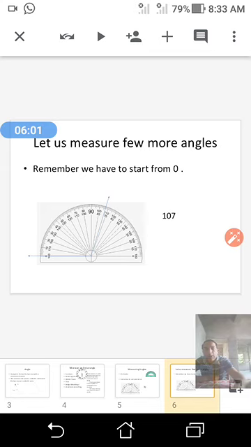If we go on counting in this case, we get 107 degrees. In this way, measuring an angle using a protractor is very easy if we place the protractor properly on the angle. What is important for getting a correct measurement is the placement of the protractor over the angle.